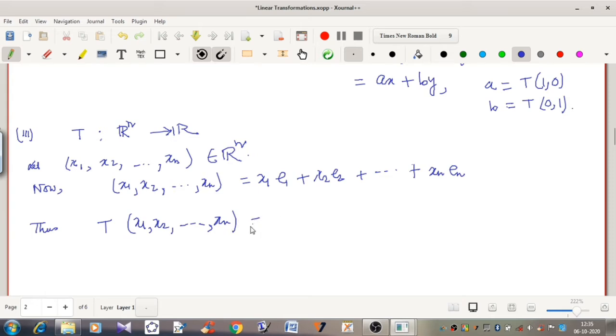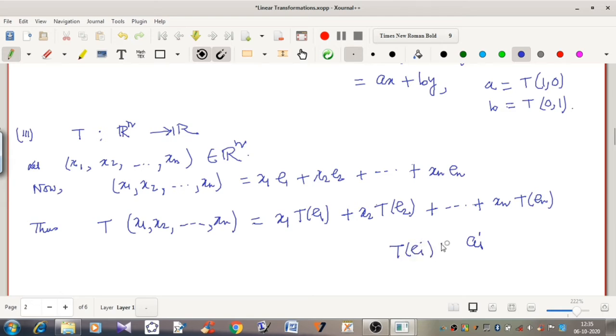is, since T is linear, T of (x1, x2, up to xn) can be written as x1 of T(E1) plus x2 of T(E2) plus up to xn of T(En). We call T of Ei as Ai.